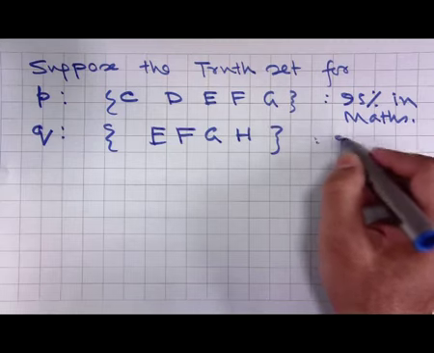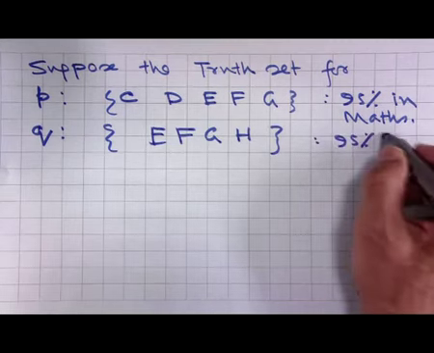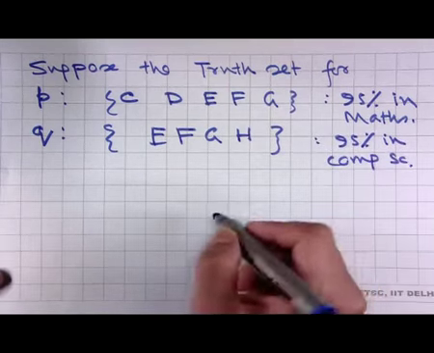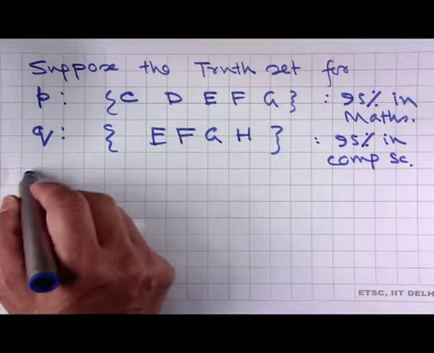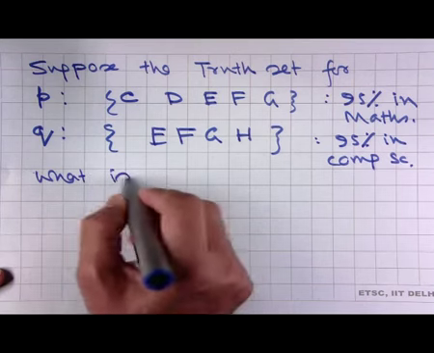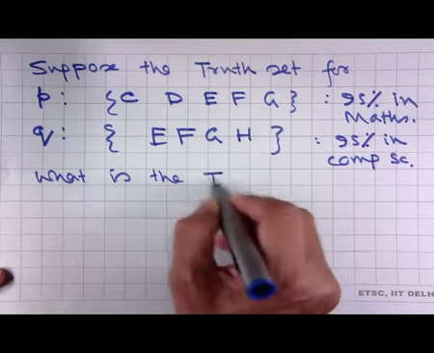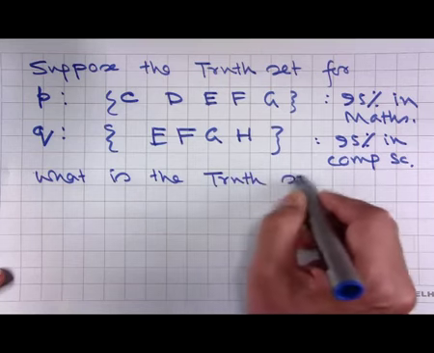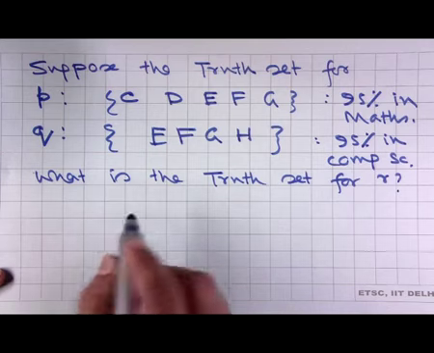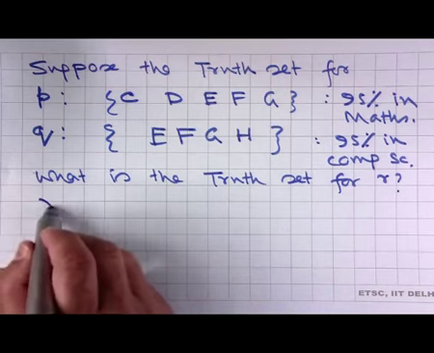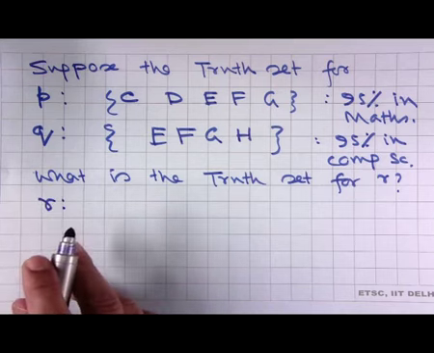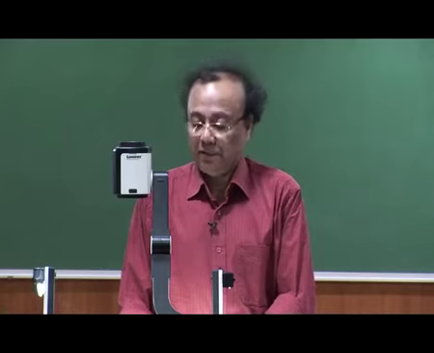They have got 95% in computer science. Then what is the truth set for R? We know that R is true if a student obtained 95% in both maths and computer science.